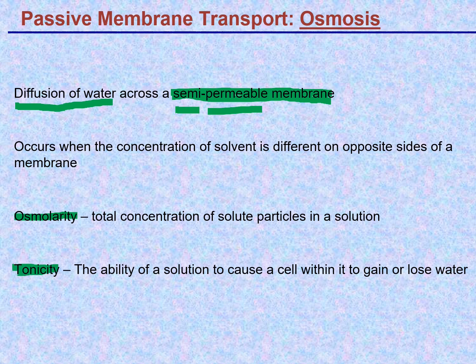So if you're talking about an isotonic solution, that's a solution that has the same osmolarity inside as outside. If the surrounding solution around the cell is hypertonic, then water will move from the inside out to try and reduce it. Or if the solution is hypotonic, lower outside than inside, then water will move from the outside in.